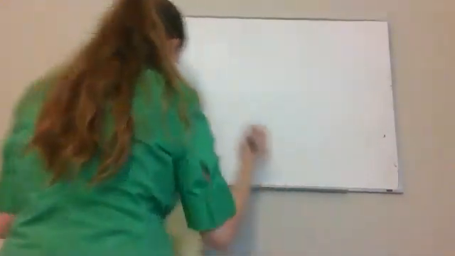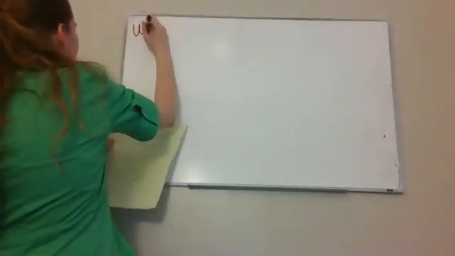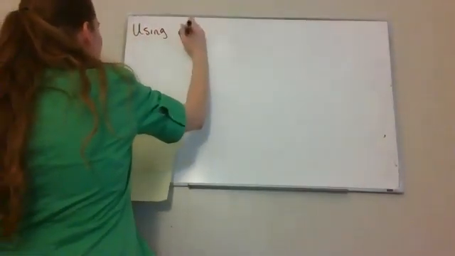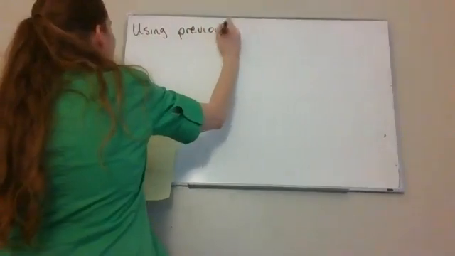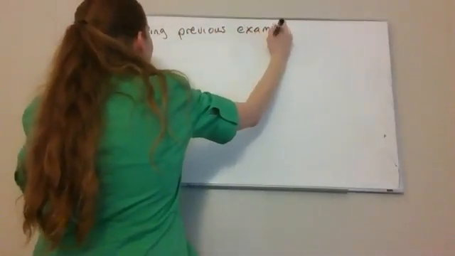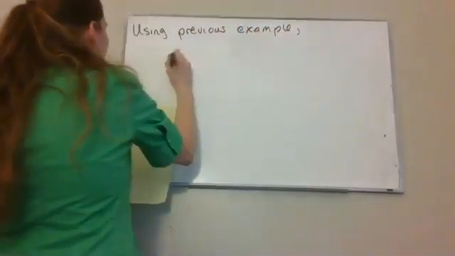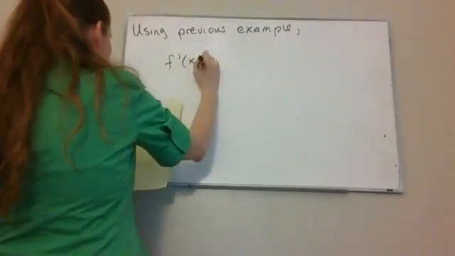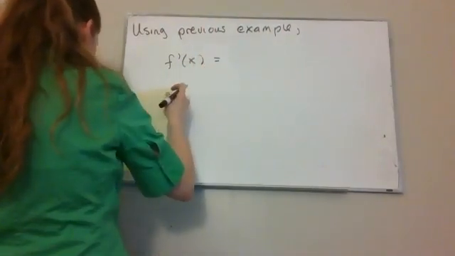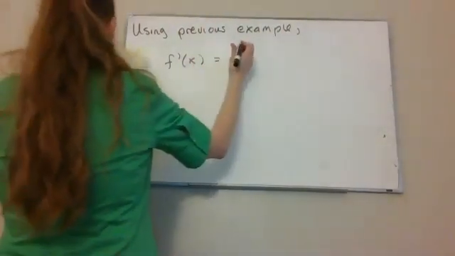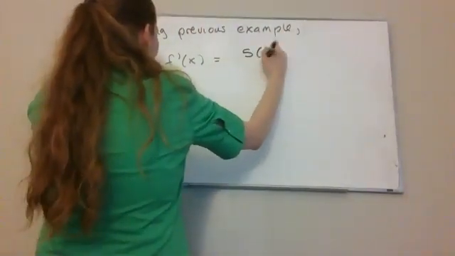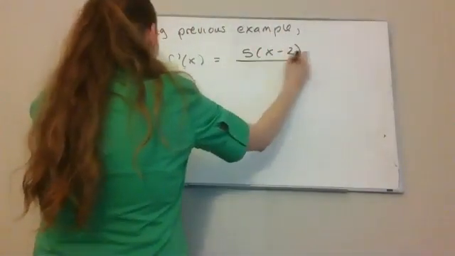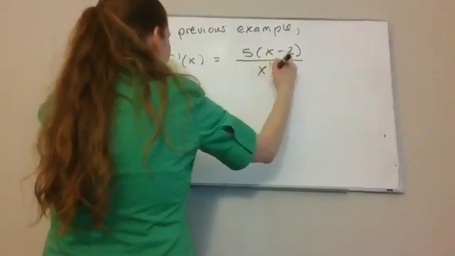So using a previous example, remember we had that the derivative of our function was equal to 5 times (x minus 2) over x to the 1/3.